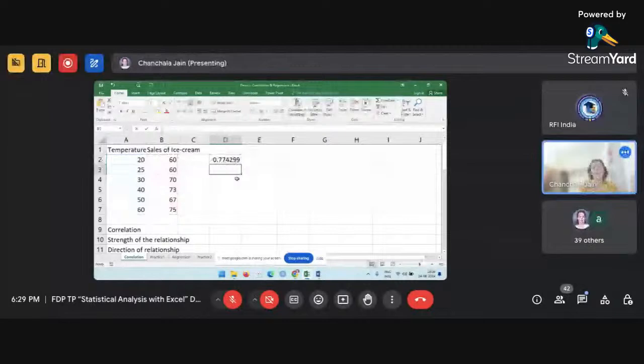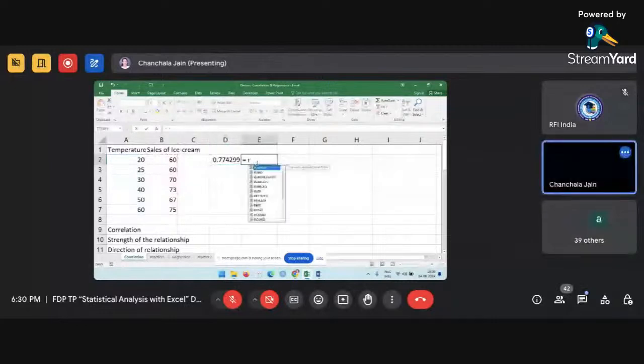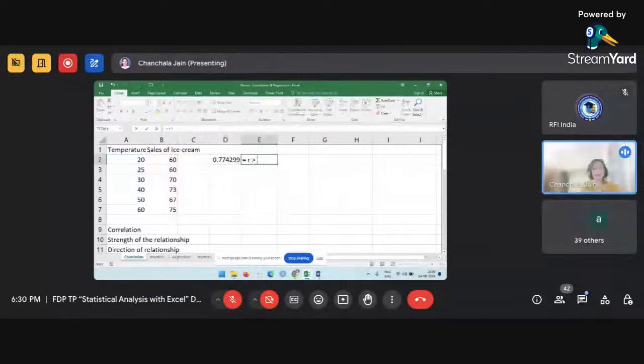So you can see this is the value of R. The value of R is greater than 0.75.